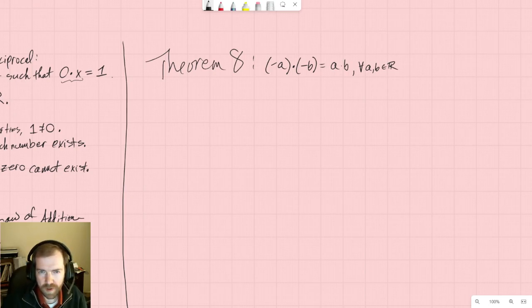So in terms of Theorem 8, we've got negative a times negative b is equal to a times b, as long as a and b are real numbers. Based on what we said in previous stuff, I would argue that we want to go the same route we did on the last one.